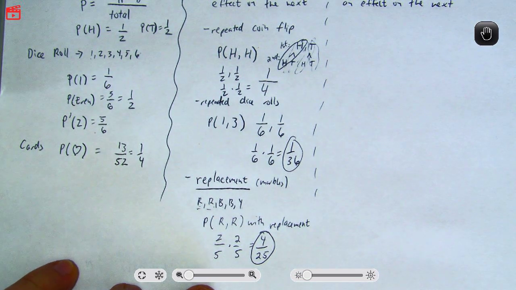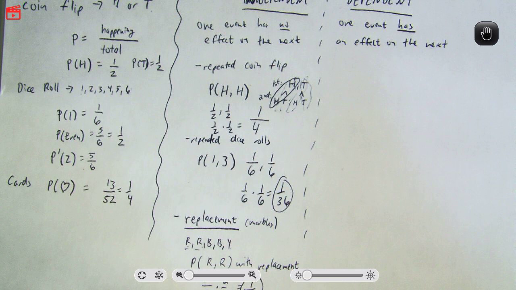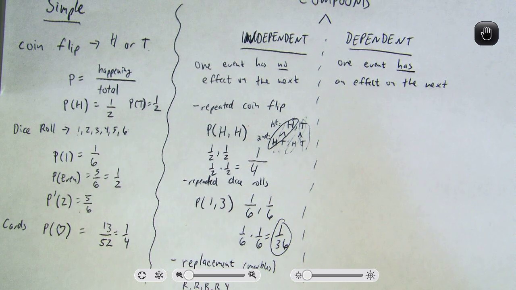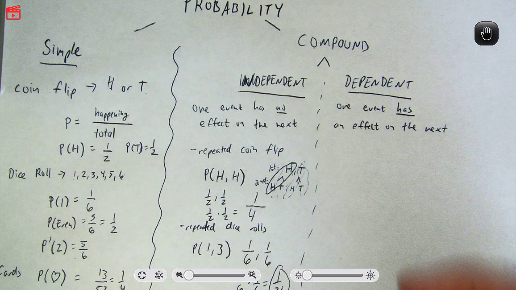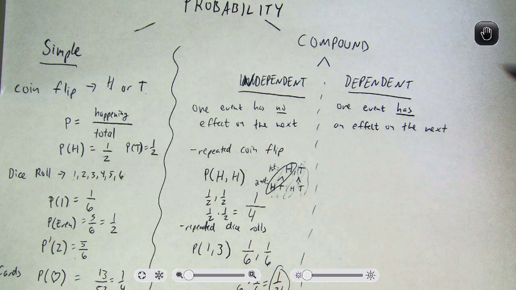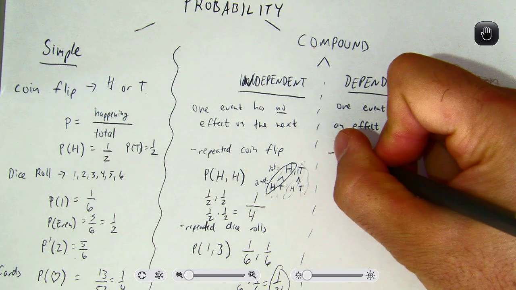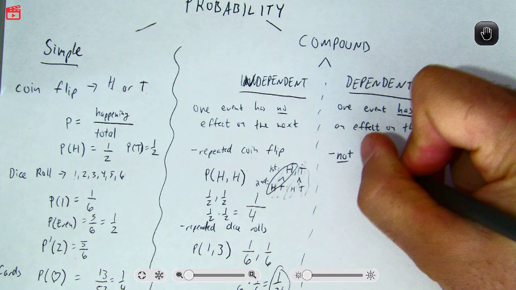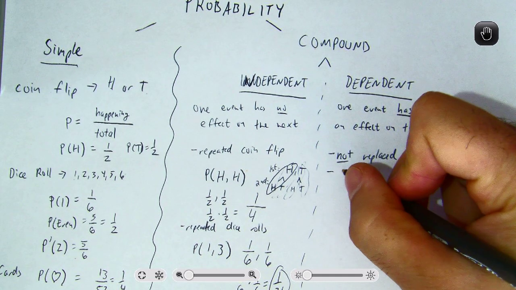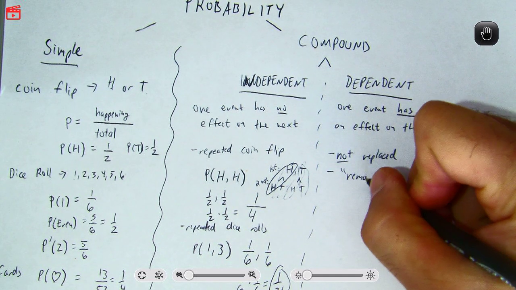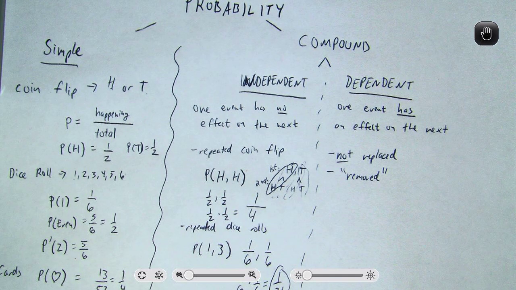Okay. Now, this is a very different world than dependent probability. Dependent probability is when something affects the next one. Usually is when things are not replaced or the word is often removed.